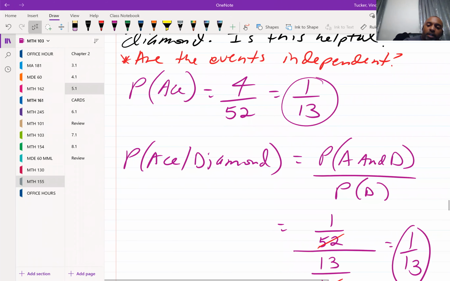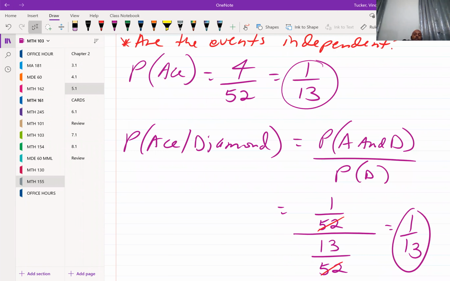And then the probability of diamonds, there are 13 diamonds in the deck. So that's 13 over 52. So cancel out that 52 and you're left with 1 over 13.